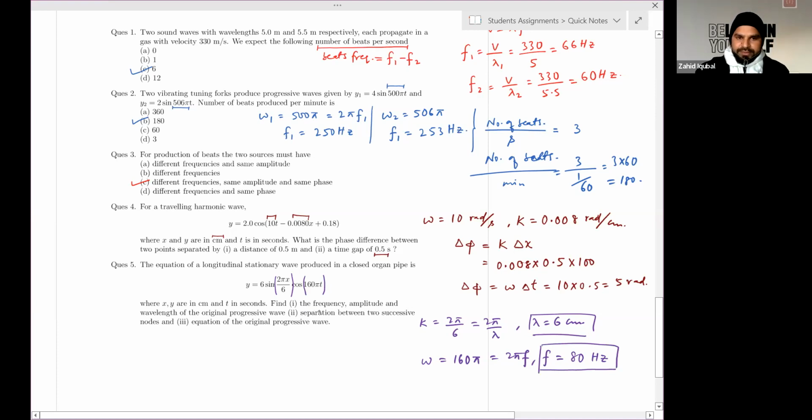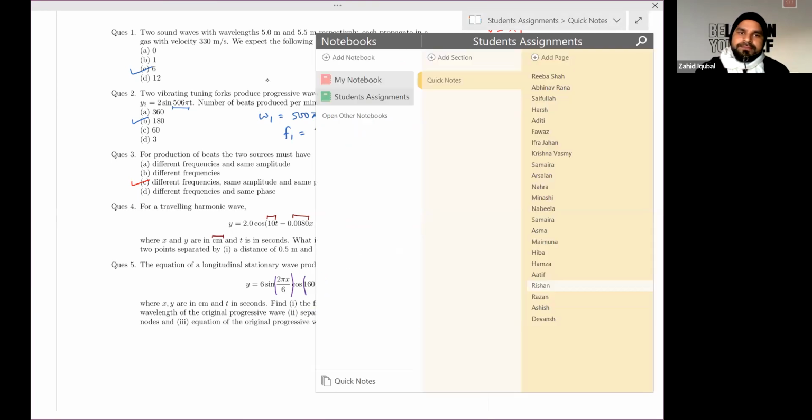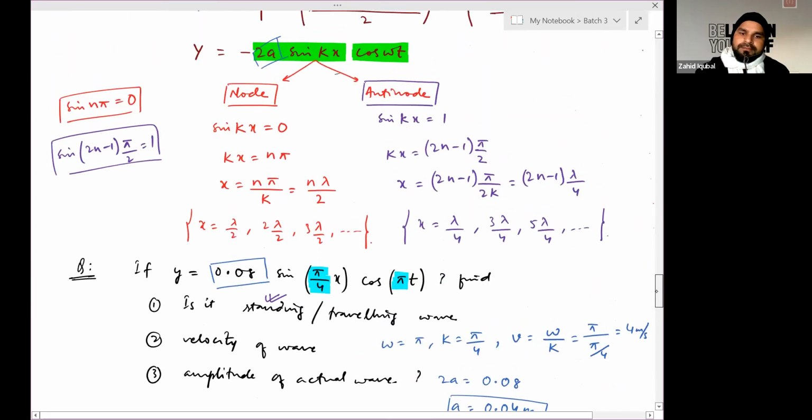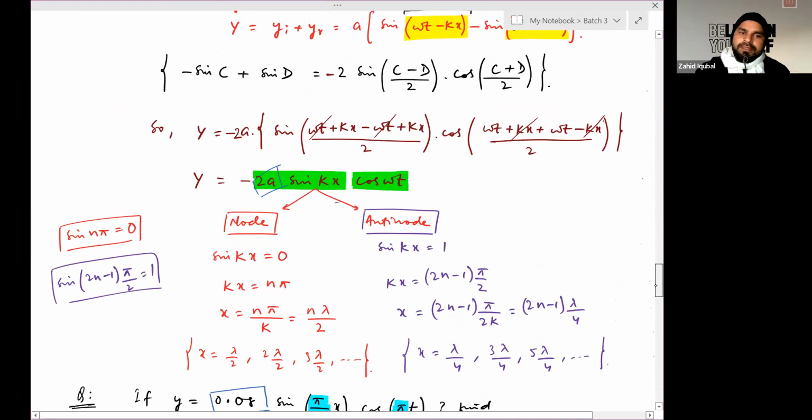Now we have to calculate the frequency, amplitude, and wavelength of the original progressive wave. So wavelength is 6 centimeter, frequency is this one. How to calculate amplitude? Let me show you. This is the equation of a standing wave in which the amplitude of the resultant becomes twice that of the original wave.